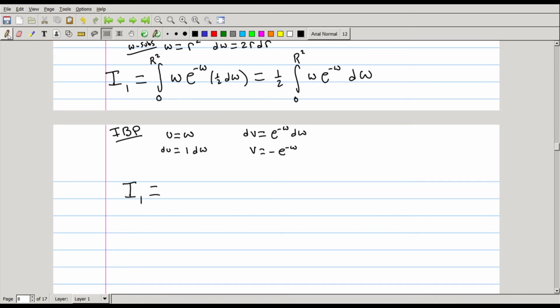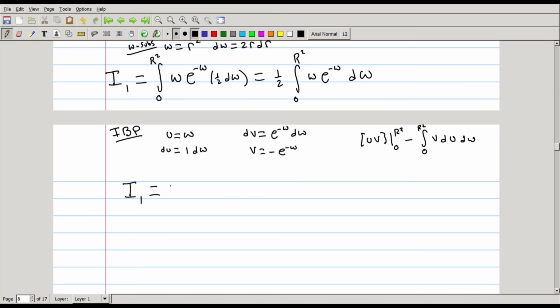So I1, using the integration by parts formula, right, uv from our bounds minus the integral of v du, again from our bounds, this is our standard integration by parts formula.